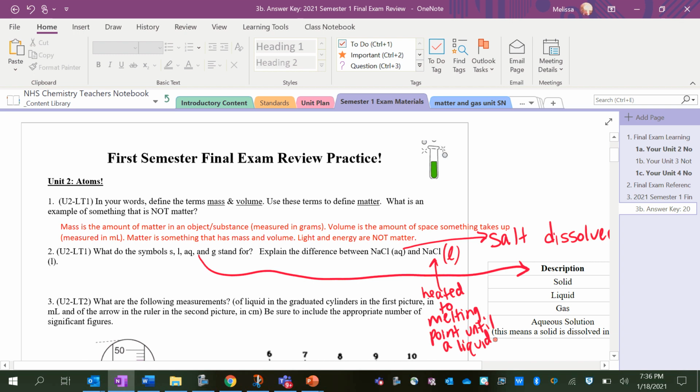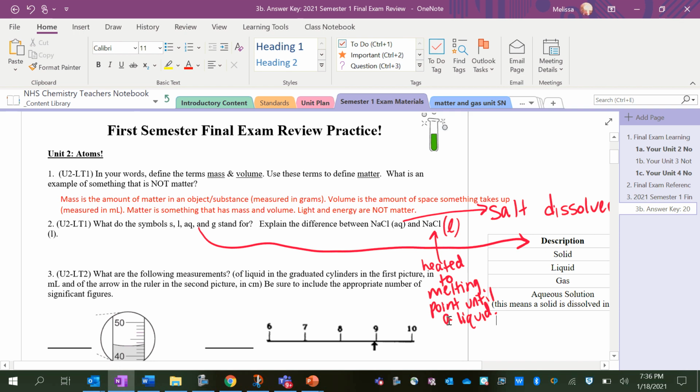So you have to get it pretty hot because salt has a high melting point. But that would be very different from salt dissolved in water.